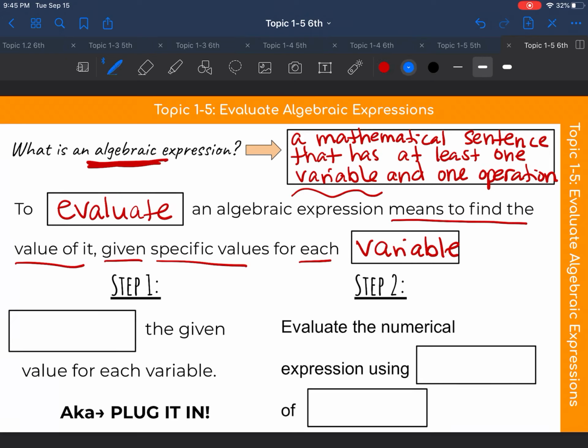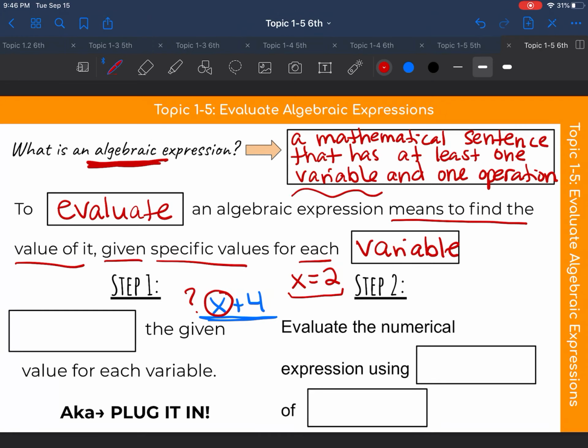Okay, so for example, if we have the expression x plus 4, there is no way we can solve x plus 4 because we do not know what x is. There's no way we could solve it. But let's say that we were given what x equals, and we were told that x equals 2.